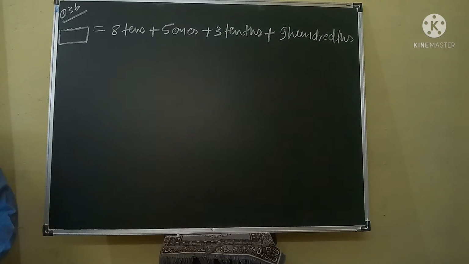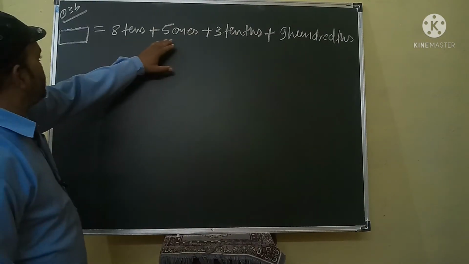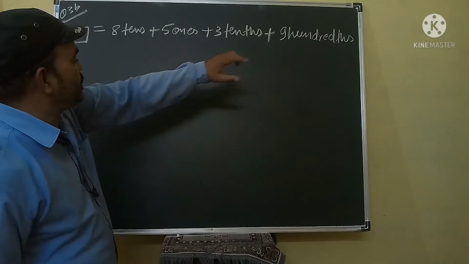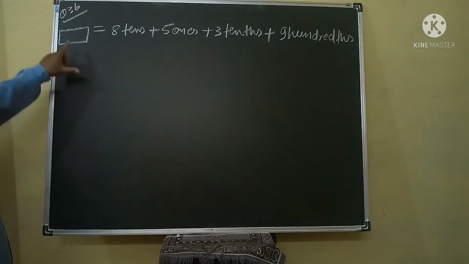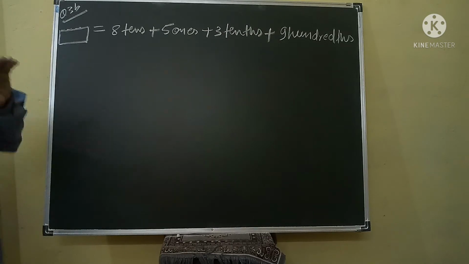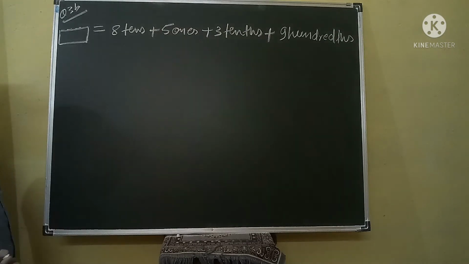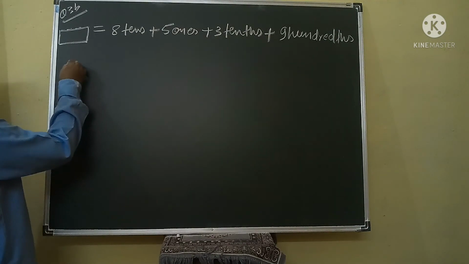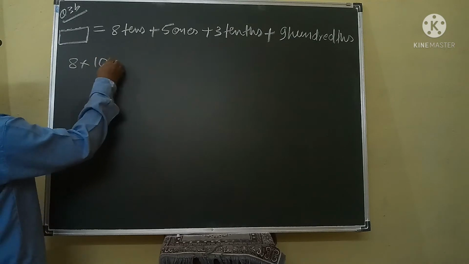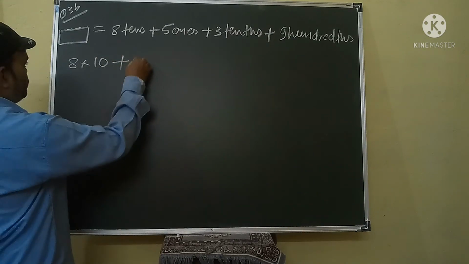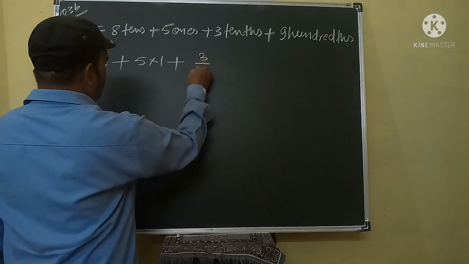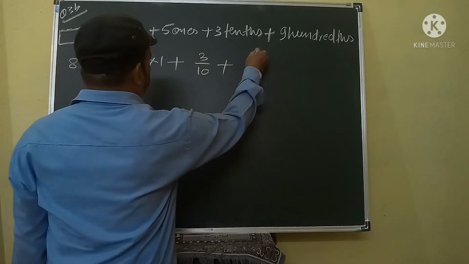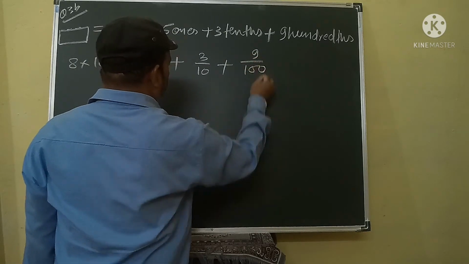Your next question is 8 tens, 5 ones, 3 tenths and 9 hundredths. What is the total decimal number in this box? Now look here, we will apply the same procedure. 8 tens means 8 into 10, plus 5 ones means 5 into 1, 3 tenths means 3 upon 10, 9 hundredths means 9 upon 100.